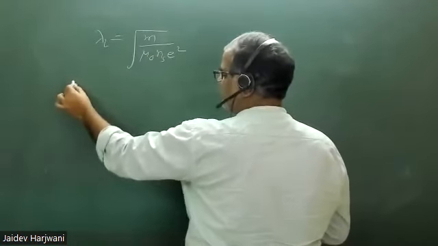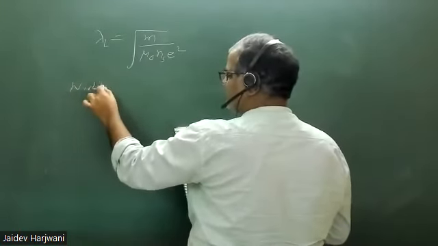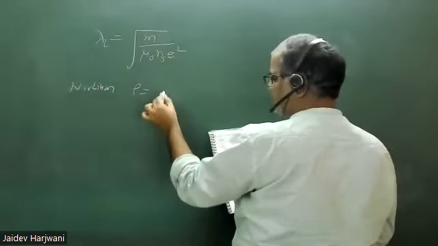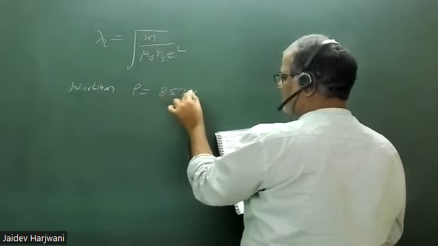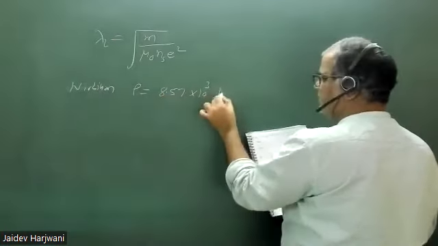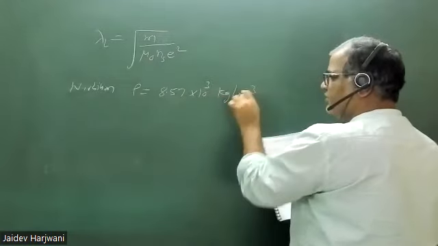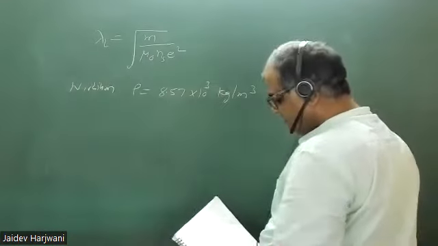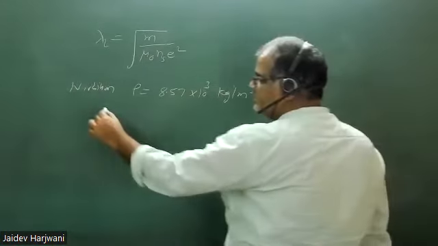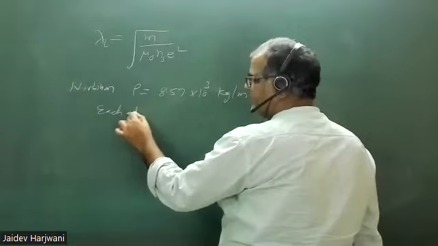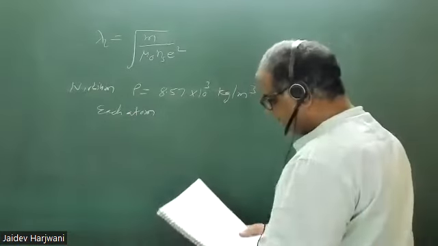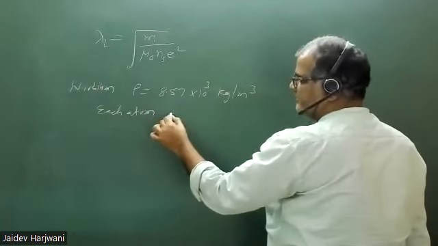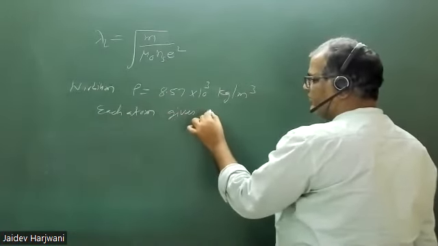Okay, you have niobium, which is a superconductor. Its density is given as 8.57 into 10 raised to the power 3 kg per meter cube. This is the mass density. So mass density is given, and they say each atom gives one electron.